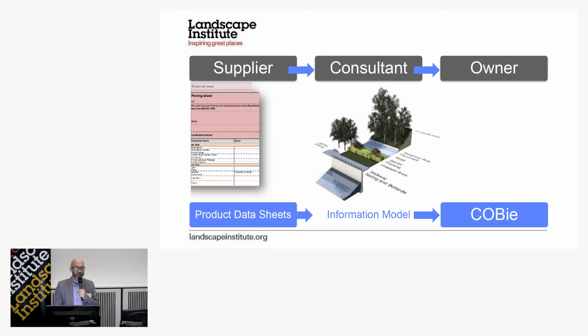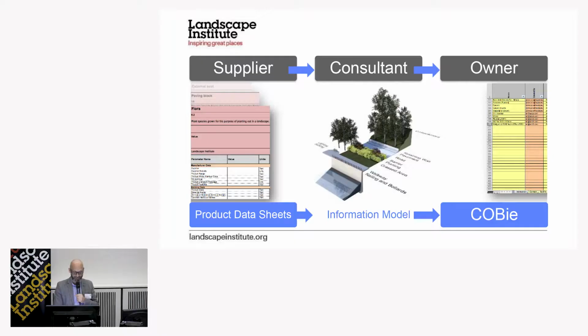But essentially, the product data sheets is an initiative to create common templates that suppliers of associated products can use to create standard forms of information so that the consultants, you guys in the main, do not have to input that information manually each project that you're doing. So there's a common standard of information that's coming in.